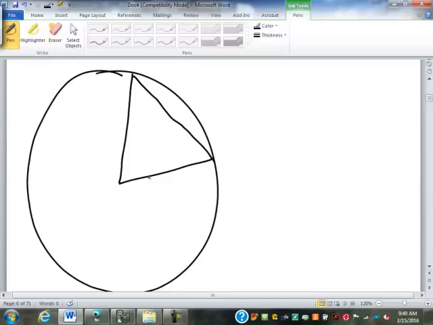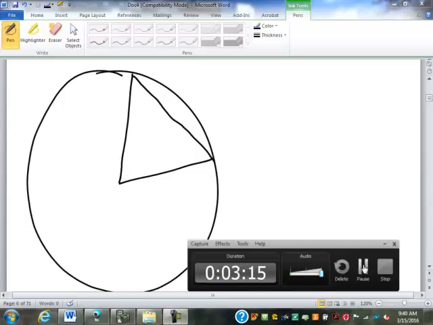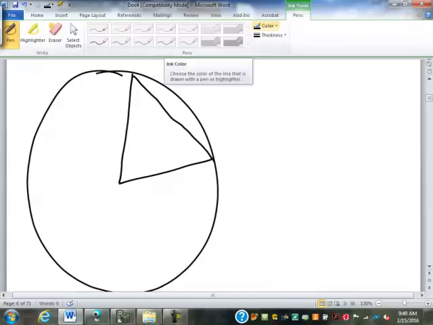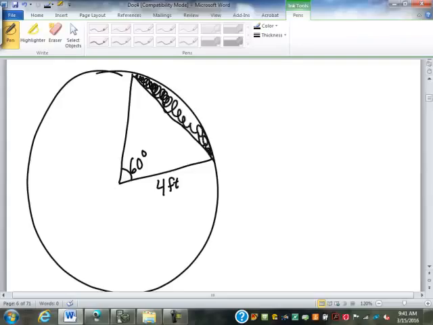So, let's say we've got a circle here, and we have a central angle here of 60 degrees, and a radius of 4 feet. I want to know the area of that segment.